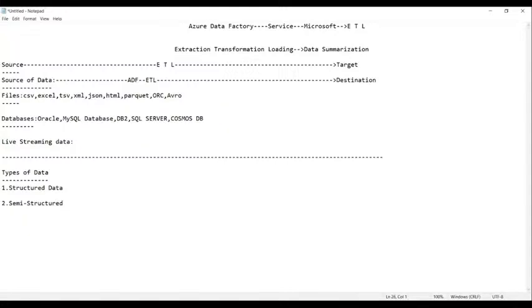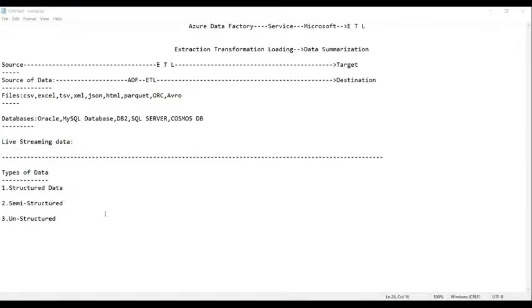And the third one is unstructured data. So these are the three types of data we can have: structured, semi-structured, and unstructured.